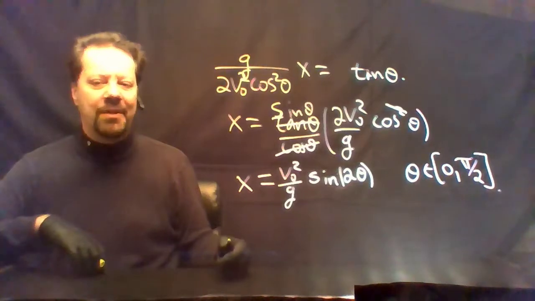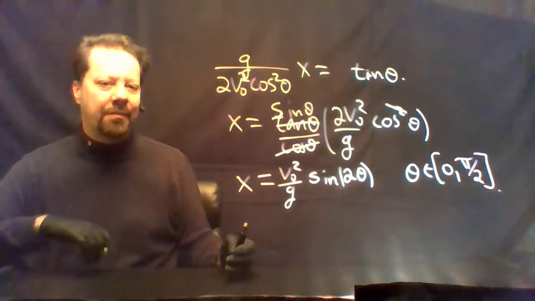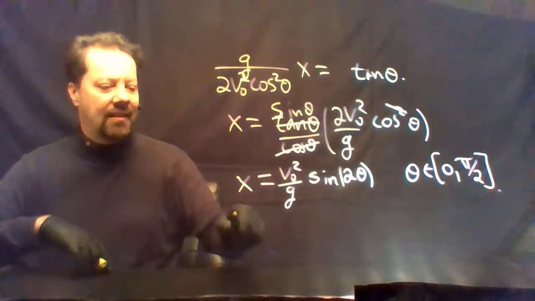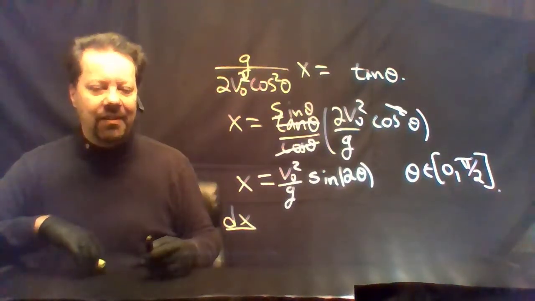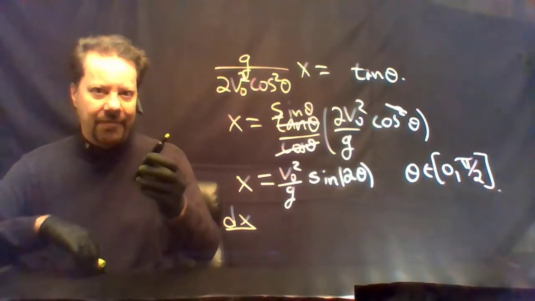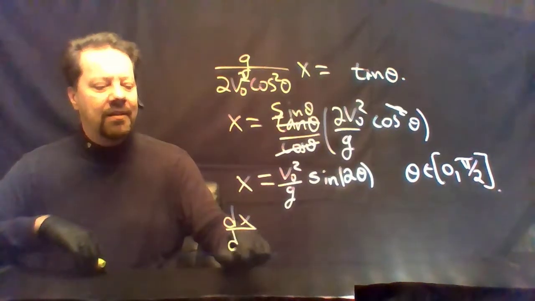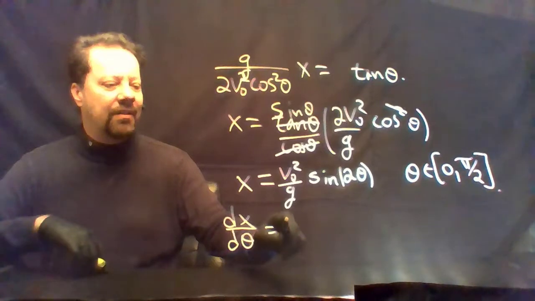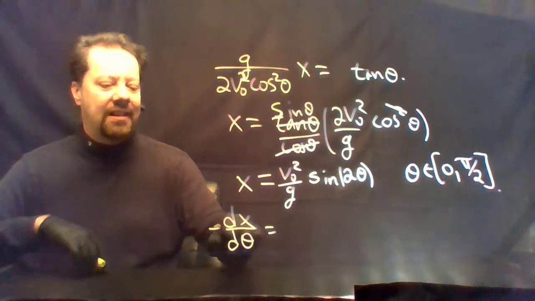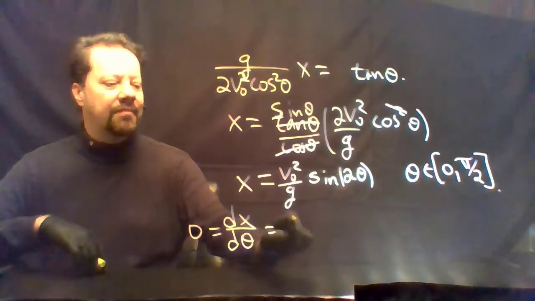So we can eliminate both 0 and pi over 2 from consideration. To find the maximum, which you probably know already to be theta is 45 degrees, we need to calculate the critical point. The critical point occurs at dx d theta equal 0.